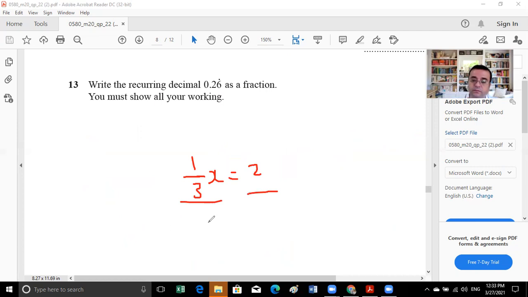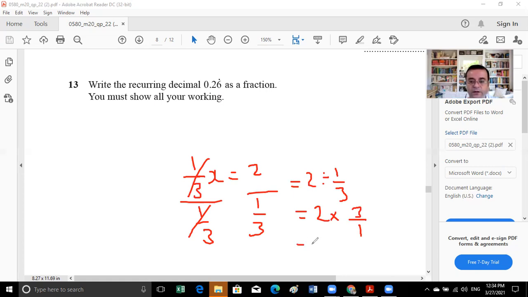Any number next to x, divide it. 2 divided by 1 over 3 becomes 2 times 3 over 1, which is 6. So 1/3 times 6, what do you get? 6 divided by 3 is 2.